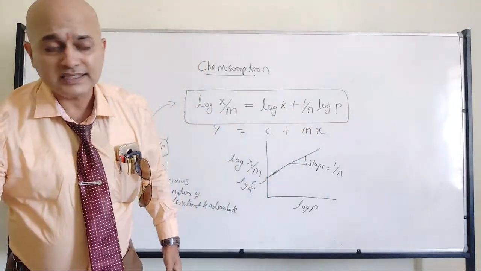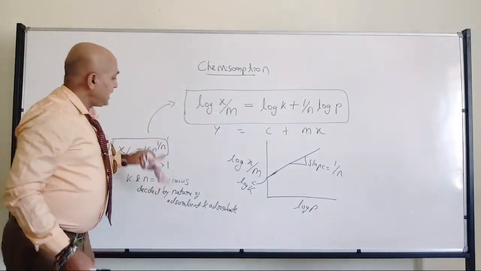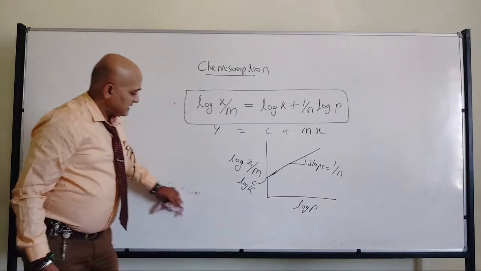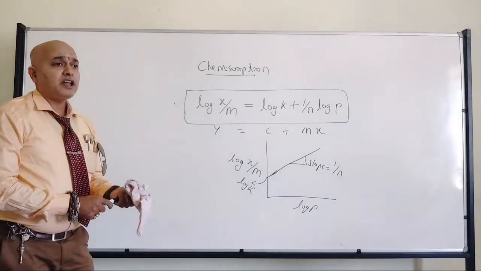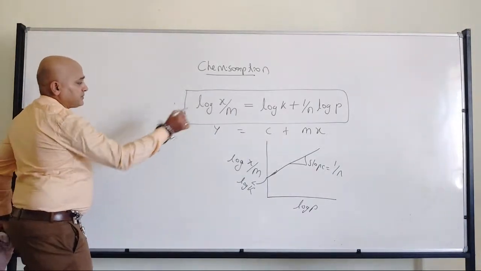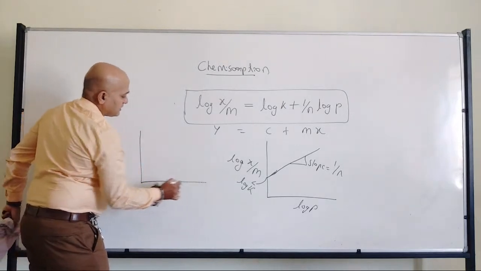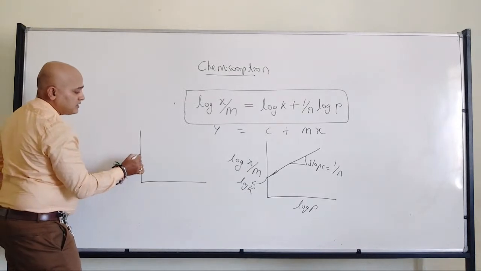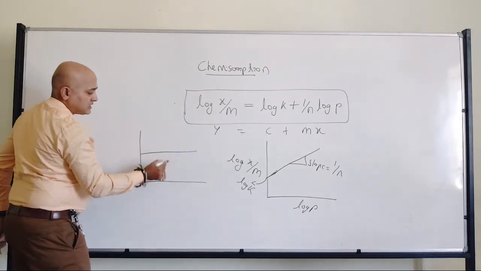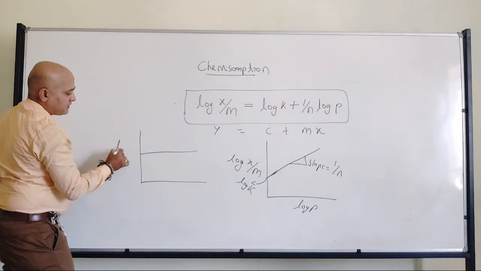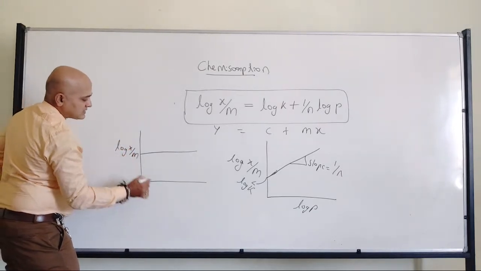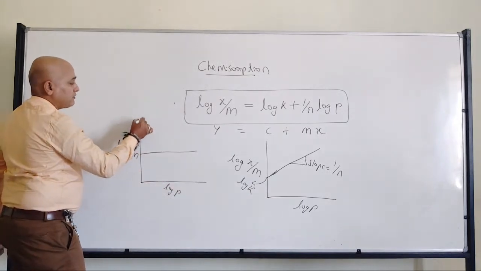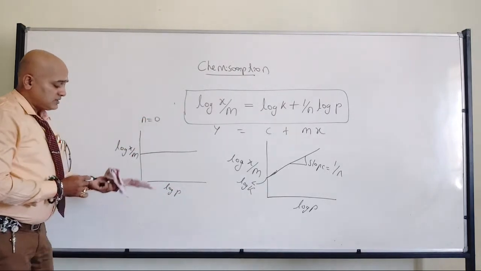Now Ravikant is having a question. What will happen if n value is equal to 0? Yes. Now naturally when n value is equal to 0, log of k will be there, the intercept will be there, so it will become a straight line, a parallel line. Log of x by m against log of p, yes Ravikant, where n is equal to 0.